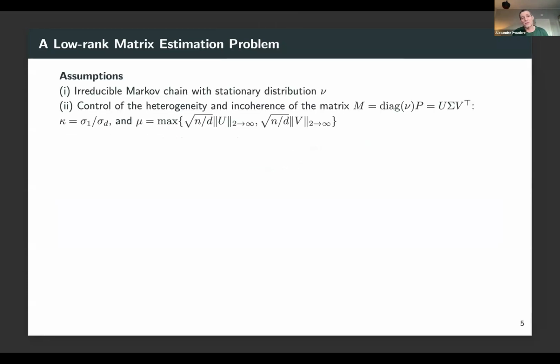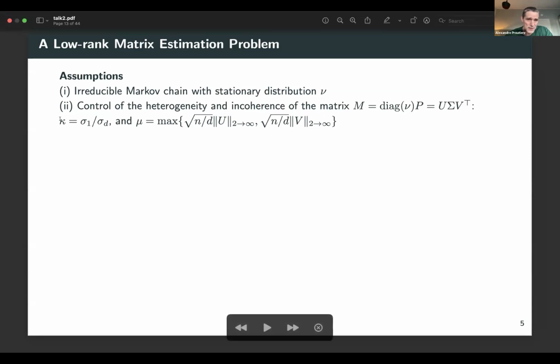Okay, so the assumptions that we make are that we have an irreducible Markov chain with some stationary distribution nu, and we will control the heterogeneity and incoherence of the matrix M, which is obtained by multiplying every line of P by the stationary distribution. By controlling the heterogeneity and incoherence, I mean that we will have results that depend on the condition number of this matrix M and on the definition of the incoherence of this matrix.